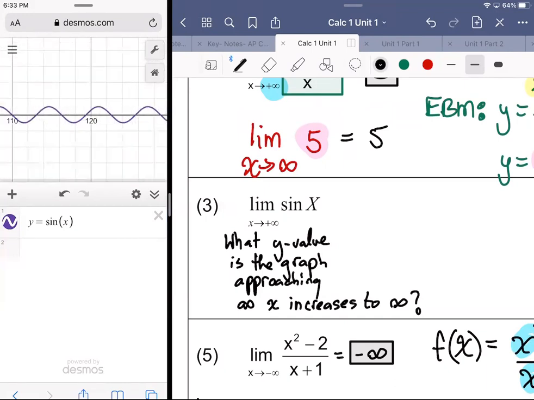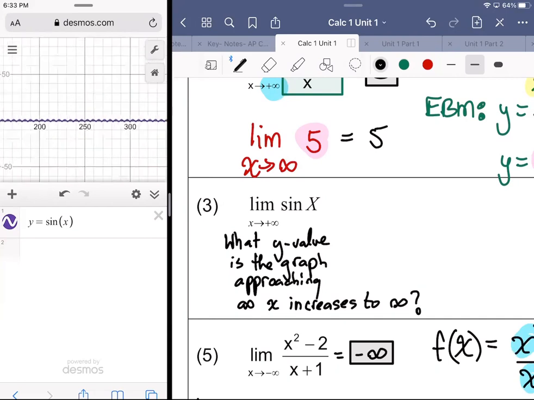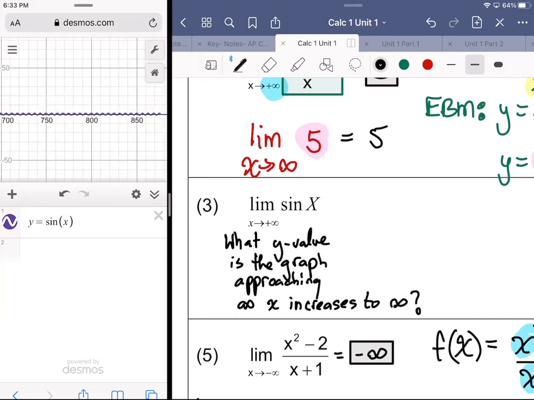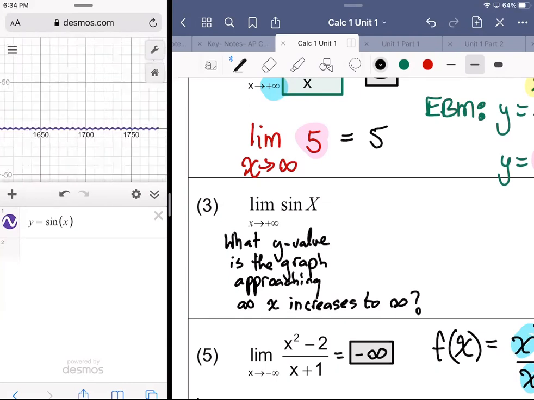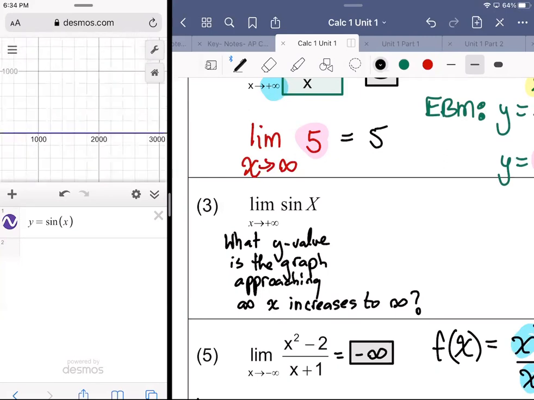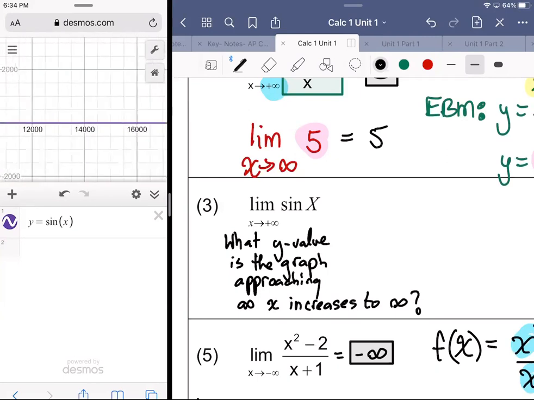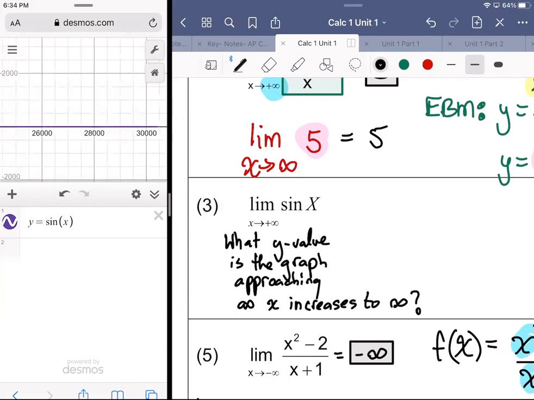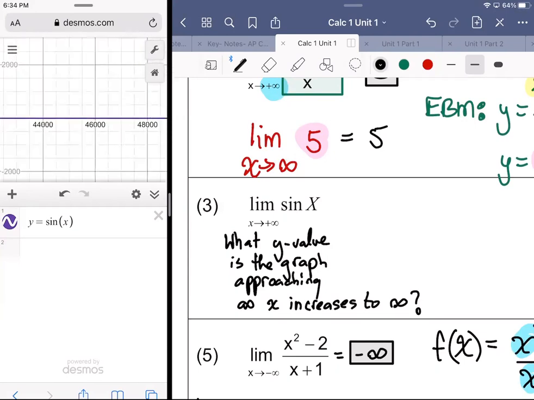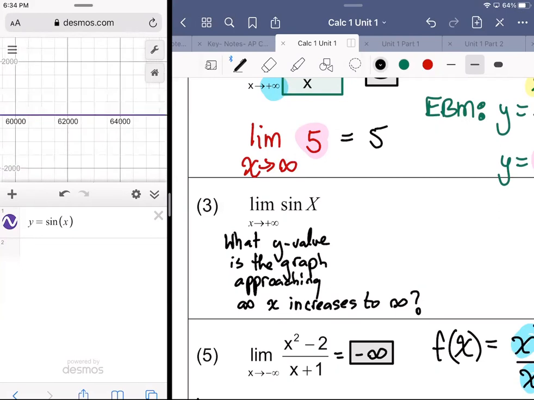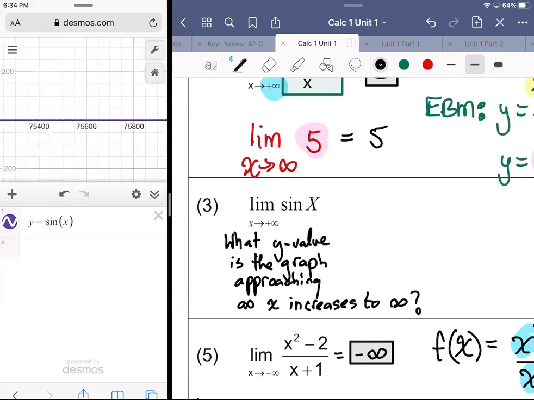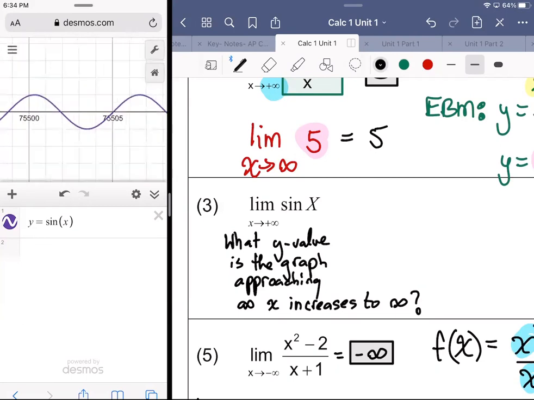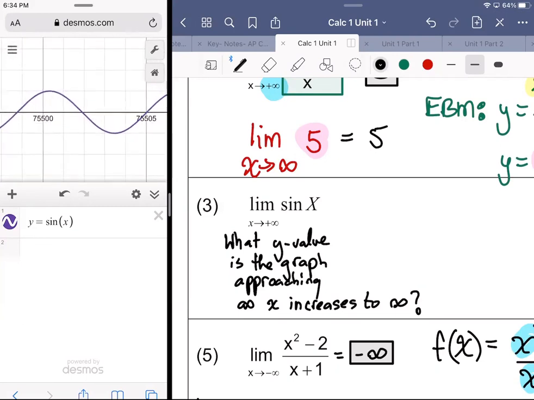If you want to get out to infinity faster, you can zoom out a lot, scroll over, slide it over. Not anywhere near infinity. It's crazy. So you zoom out a ton, and then once you're satisfied that you've gone far enough, you zoom back in and you say, oh, what? It looks exactly the same as it did for the small values of x.